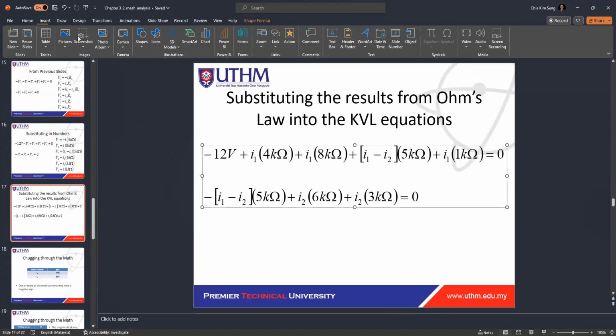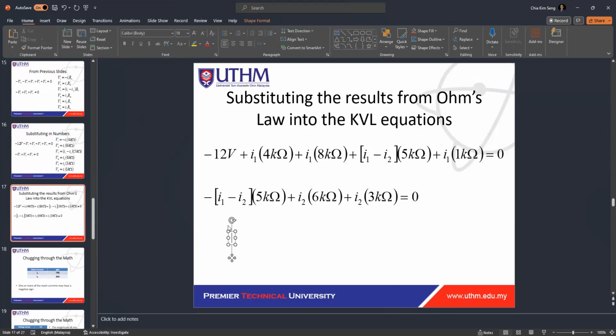You have a matrix, so maybe I can write a little bit. Here, assuming what they write is correct, by right you have a 12, and then plus 4. The first one is 4 kilo ohm, 4K. And then the next plus 8K.